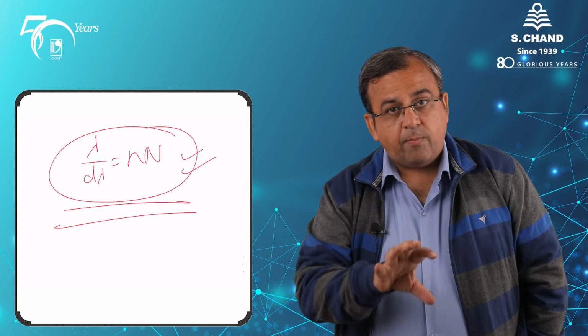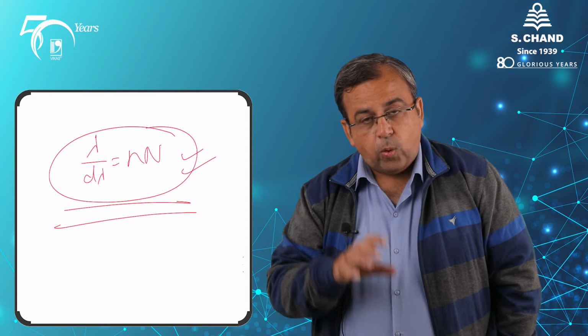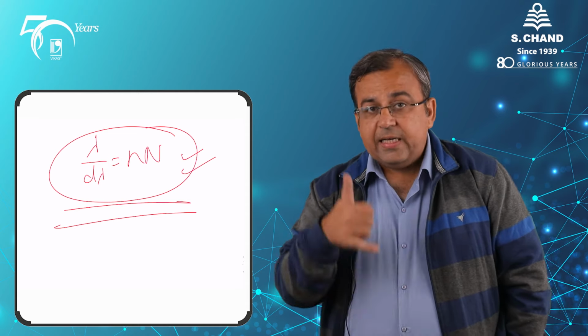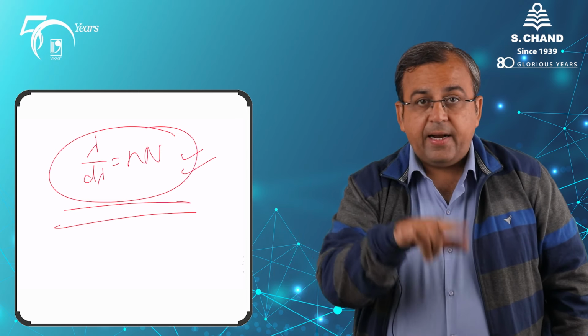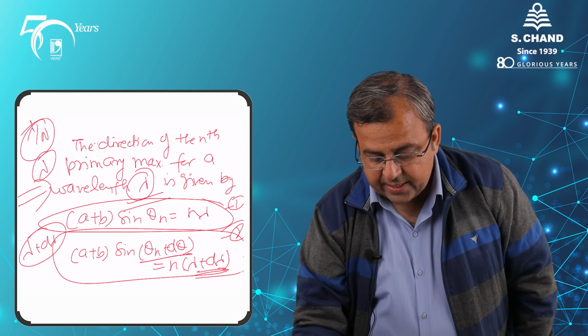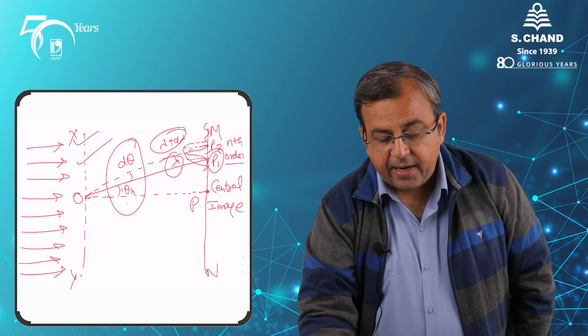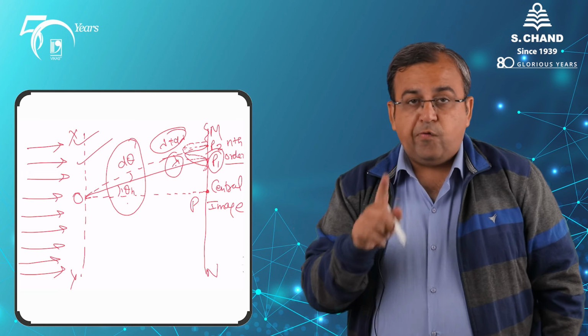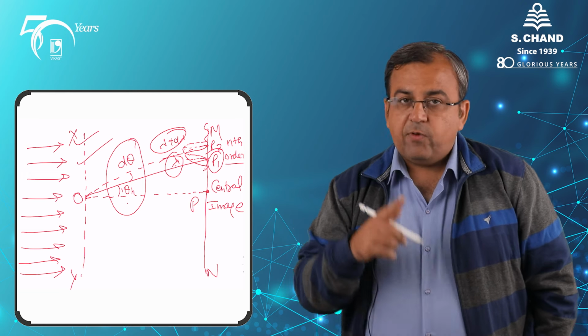The resolving power is lambda upon d lambda. Lambda is the wavelength of the light which we are using, and d lambda is the difference between lambda and lambda plus d lambda. As we have seen in the previous slides as well, lambda and lambda plus d lambda get resolved if they follow the Rayleigh criteria.